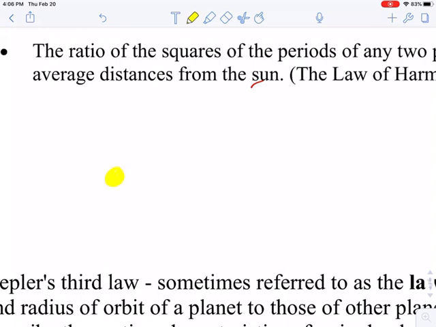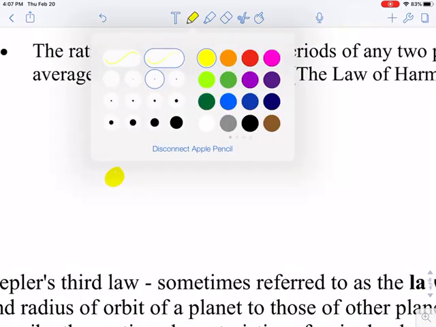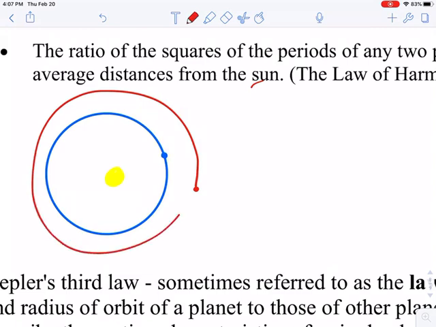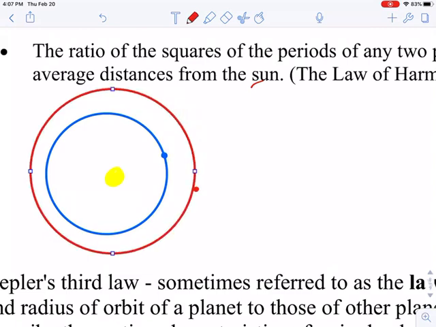Here's the sun. Here's Earth. Here's Earth's orbit. Here's Mars. Here's Mars's orbit. Oh, make that a little bigger. Come on, Mars.